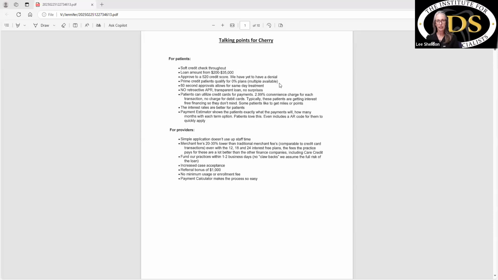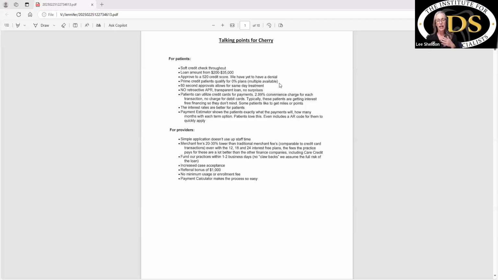They do like payment plans. So we have had a huge increase in our acceptance just simply by adopting Cherry payment plans, which offers your patient a soft credit check, and they can now make comfortable payments to you without doing financing.